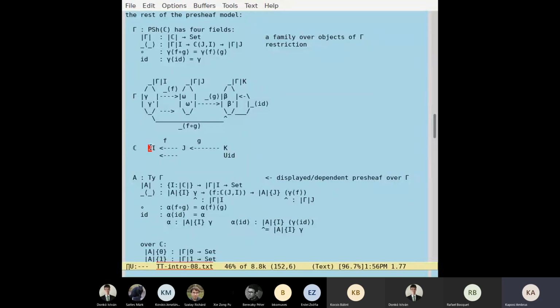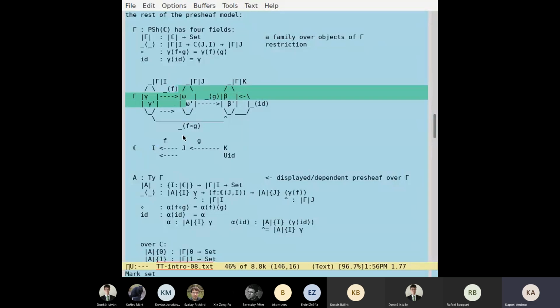So in the presheaf model, we have different worlds. At I we have an interpretation of some type or some context gamma, and this interpretation of gamma at I says what is true in the world I, okay?